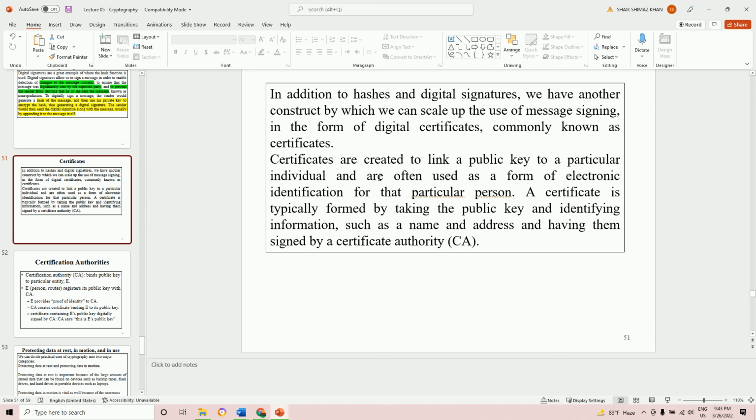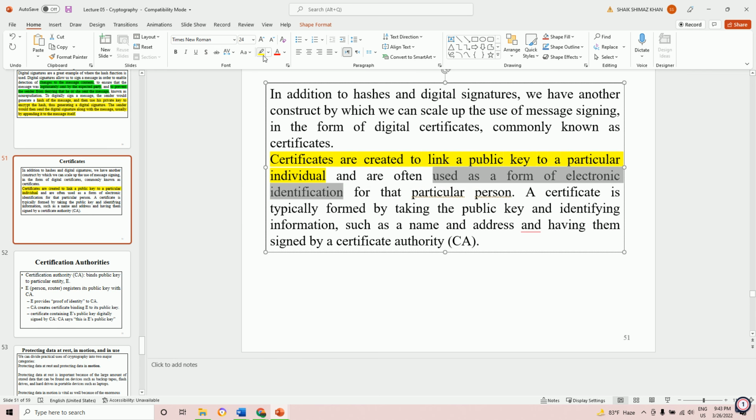So now you can understand. Certificates are created for a public key. A certificate contains the public key of the individual. For example, in the certificate of the Bank Muscat you can find the public key of the Bank Muscat, and it is used as a form of identification.